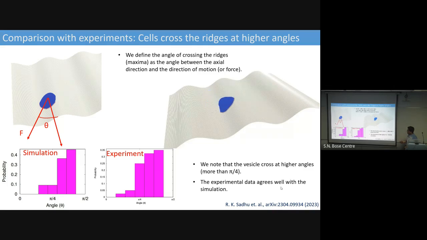By larger, we mean it will be towards pi by 2 and not towards 0. This is the result that we obtained from the first figures of the lymphocyte cells. And we also see that in this experiment they also try to cross at large angles.